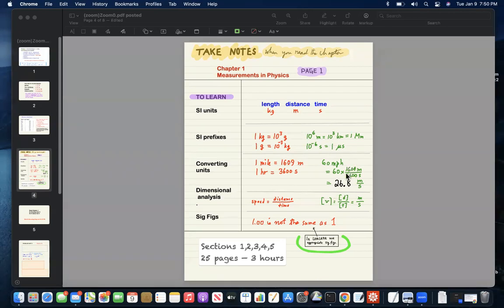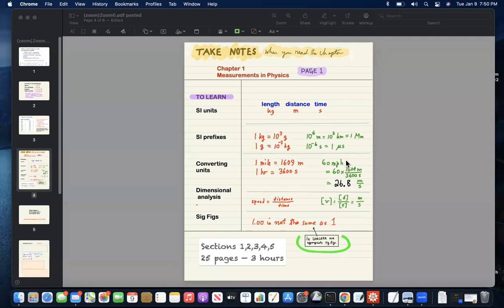How fast is that in meters per second? Well, it's 60 miles is 1,609 meters, divided by 1 hour, that's 3,600 seconds. Get out your calculator and calculate the number. It's 26.8 meters per second.